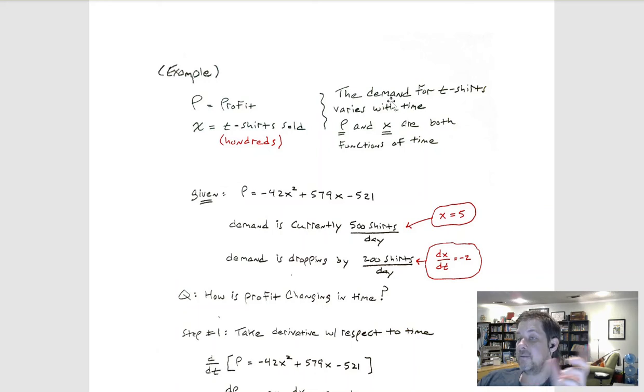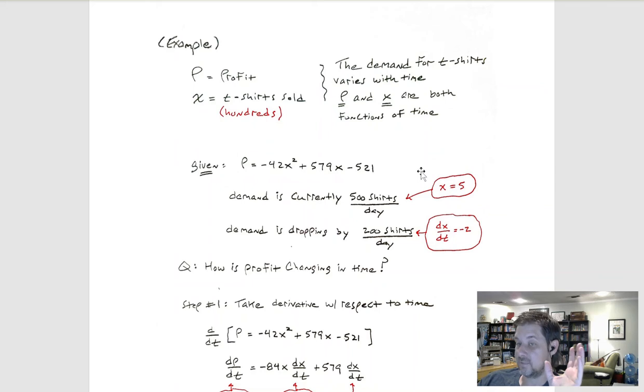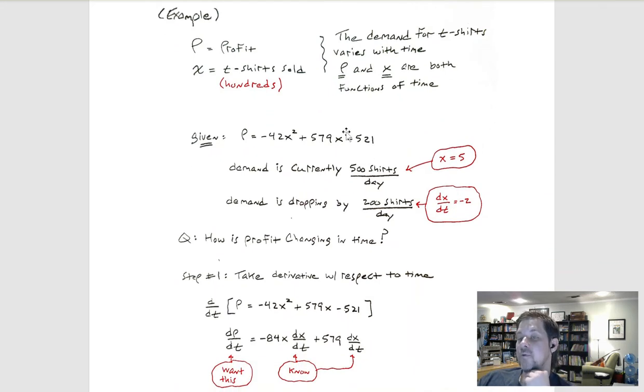So the demand for t-shirts varies with time, and as a result, P profit and x t-shirts sold are both functions of time. Now we're given that this equation links them together, that if you know x, the number of t-shirts sold, you can use this function to calculate P profit.